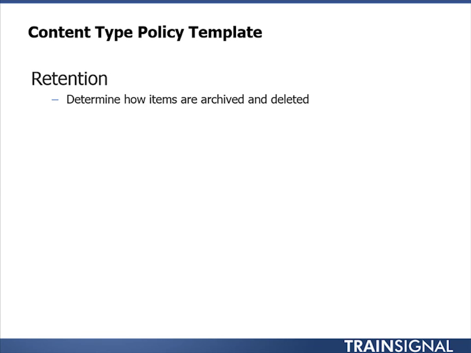For example, maybe you have to set it up so that resumes need to be kept for 12 months. Well, with retention, I can configure rules based around that. So if an item gets to a certain age, then I can mark that for archiving or mark that for deletion.